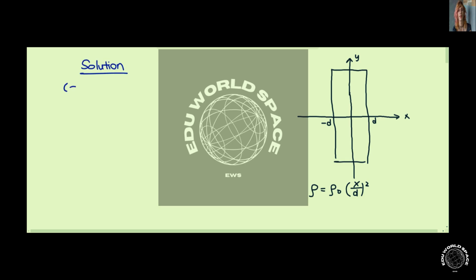First thing we recognize is that the charge density is symmetrical about the x equals 0 plane. So we have E(x) equals E(minus x) in magnitude.